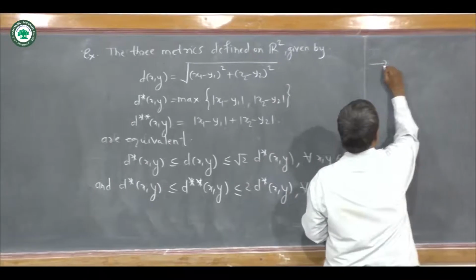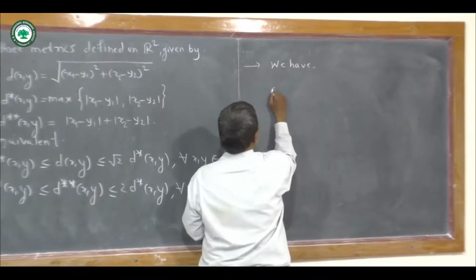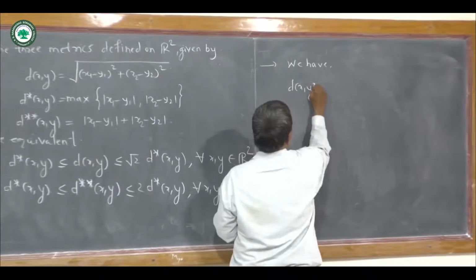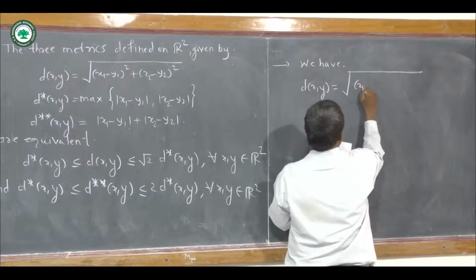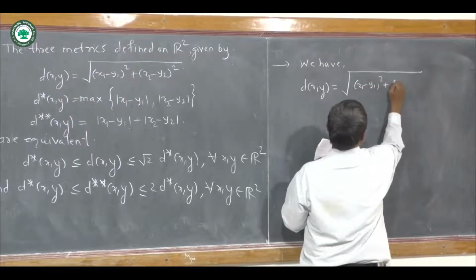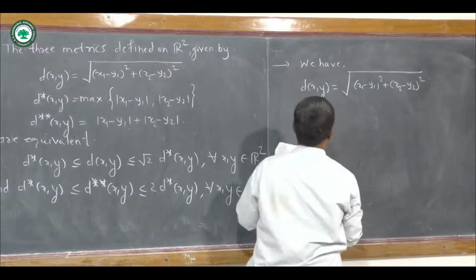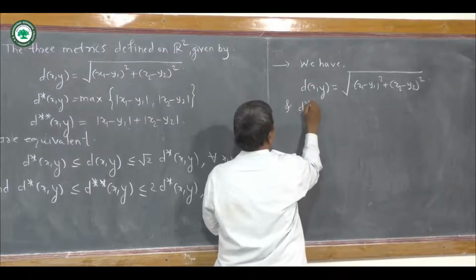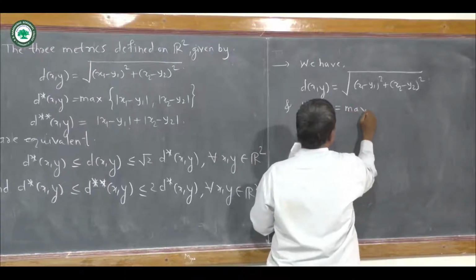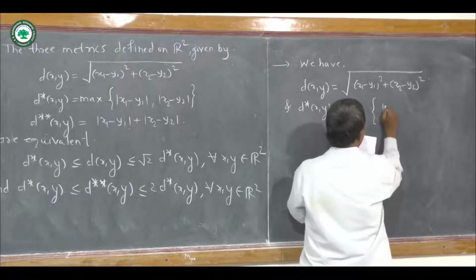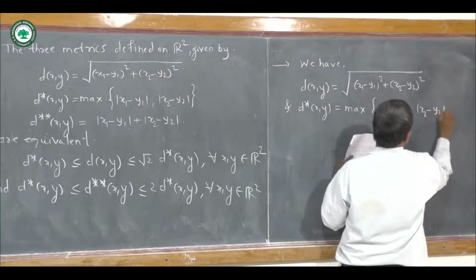Now we have d of x comma y, that is the first metric function, d of x comma y is equal to square root of (x1 minus y1) square plus (x2 minus y2) square, and d star of x comma y is equal to the maximum value of absolute value of x1 minus y1 comma absolute value of x2 minus y2.